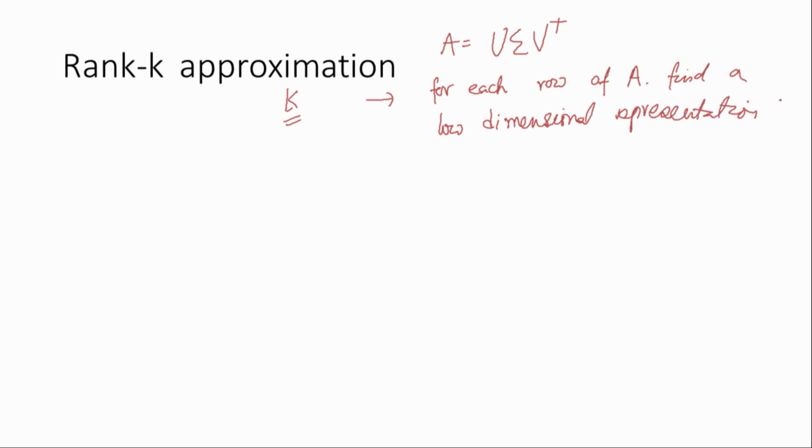So how would we actually find the low dimensional representation of A? Because our whole motivation of going into this SVD was to find a low dimensional representation. So what is the low dimensional representation of A?